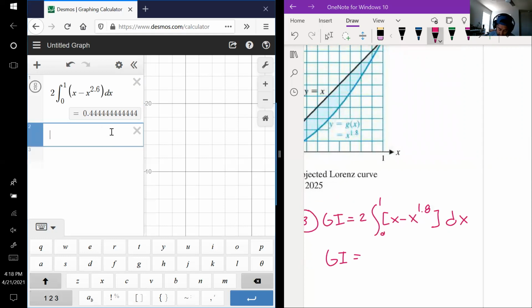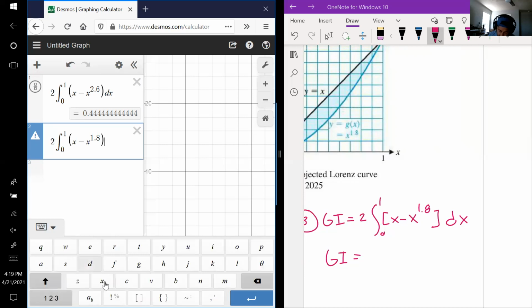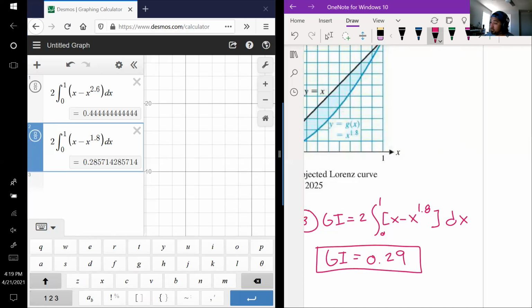And here we'd get again 2 times the integral from 0 to 1 of x minus x to the 1.8 dx. And we get 0.29. Okay.